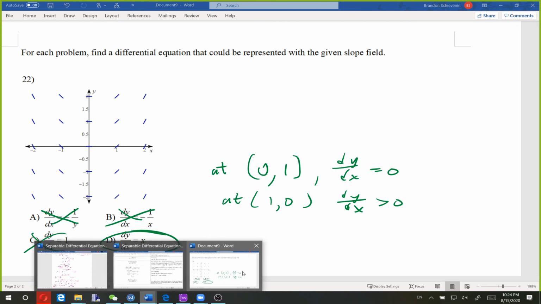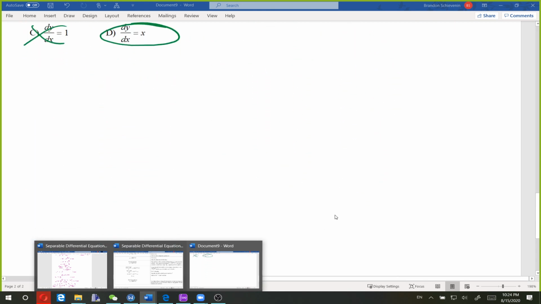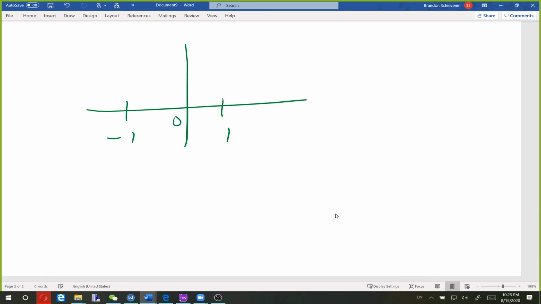So the way this is going to look on your homework is I'm going to give you a blank series of points that look something like this. So points 1, 2, 3, 4, 5, 6, 7, 8, 9, and some sort of a differential equation. So let's say dy over dx is equal to y over x.